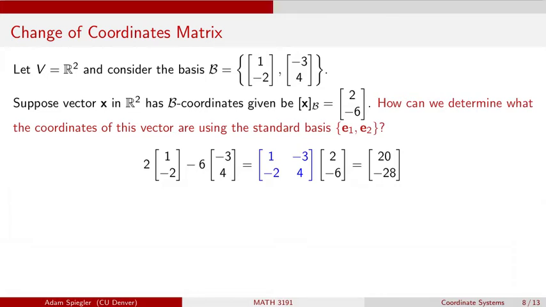So what the B coordinates are telling us is that we're going 2 times (1, -2), minus 6 times (-3, 4).